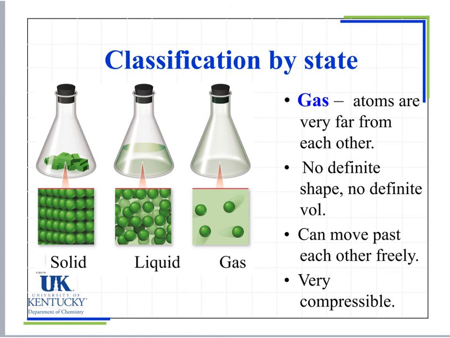In the gas phase, just like liquid, atoms and molecules can move past each other freely, and it's very compressible, as we talked about, because they have all of this space between the atoms. So this was the end of our second video about classification of matter by state.